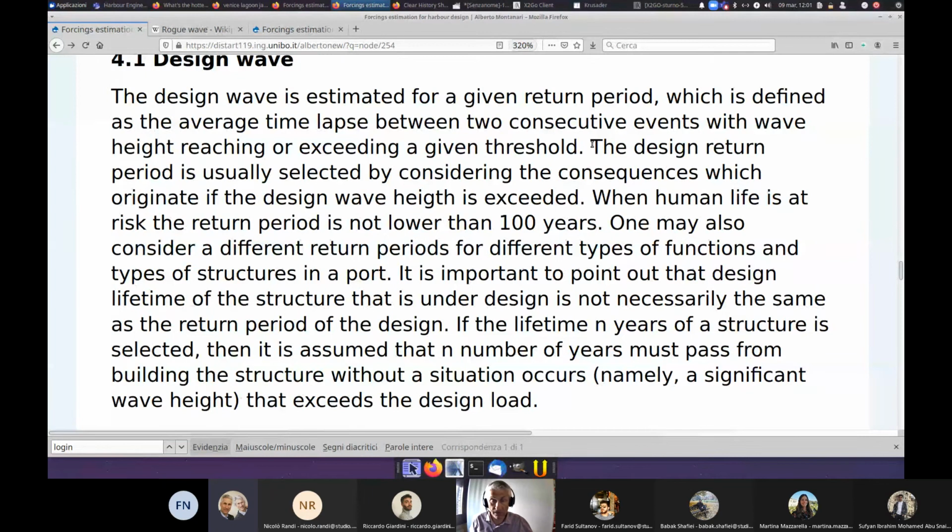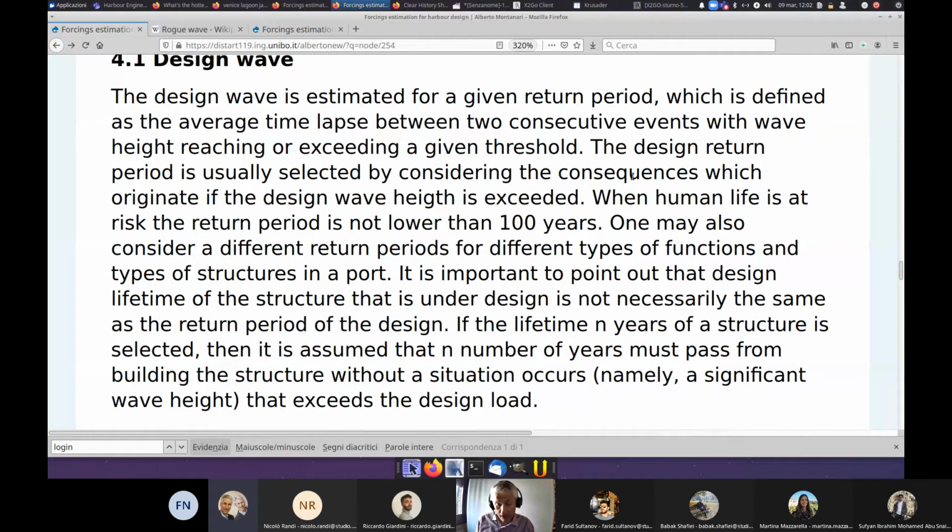Because the consequences of a drainage failure usually are not so bad, unless you have some underground rooms, which may become dangerous if you have a failure of the urban drainage. Unless you are in these conditions, it's not a big problem if a street gets flooded. And so the return period is lower than the design lifetime.